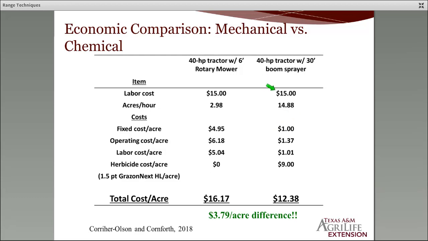With a 40 horsepower tractor with a 30-foot boom, it's $12 an acre. I disagree with these numbers. Nobody can control weeds by mowing it one at a time for the entire year. Also keep in mind, anytime you mow a pasture, how much forage production, how much grass you are losing for that year.